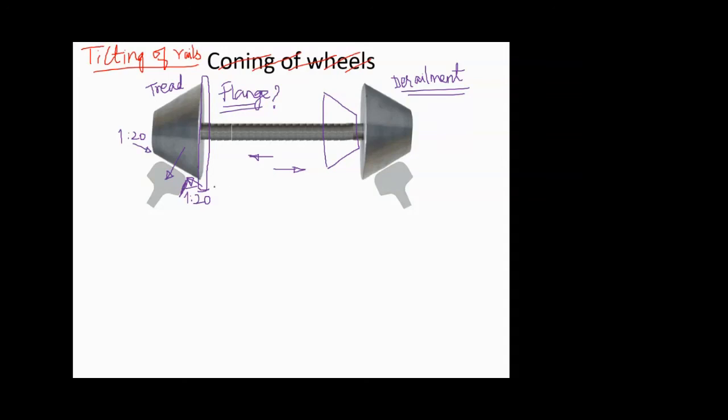If it is hitting the rail by some force P, that rail will also exert some opposite pressure, the reaction R, and it will push the system back to its original position. The same way, the flange will be on this side of your wheel.